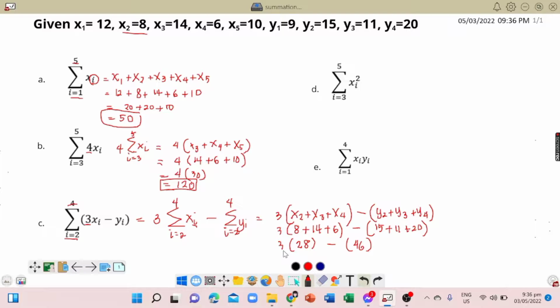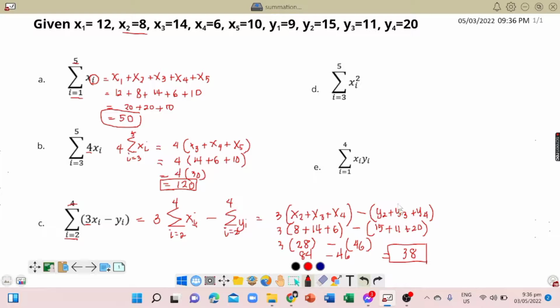Okay. So 3 times 28, we have 84. So 84 minus 46. So the answer here is 38. So this is the answer for letter C.